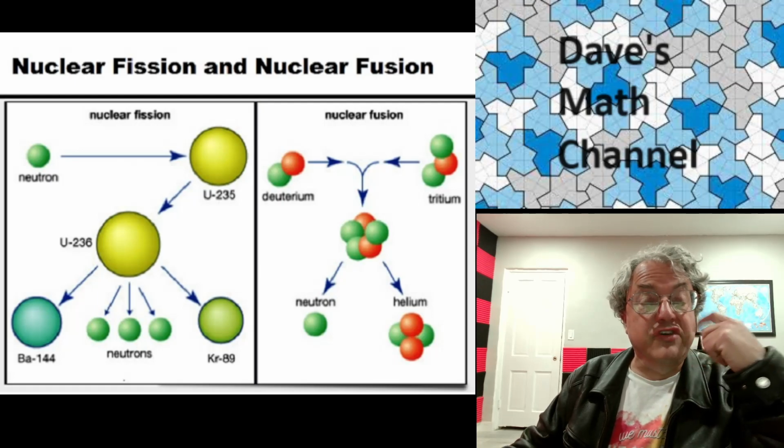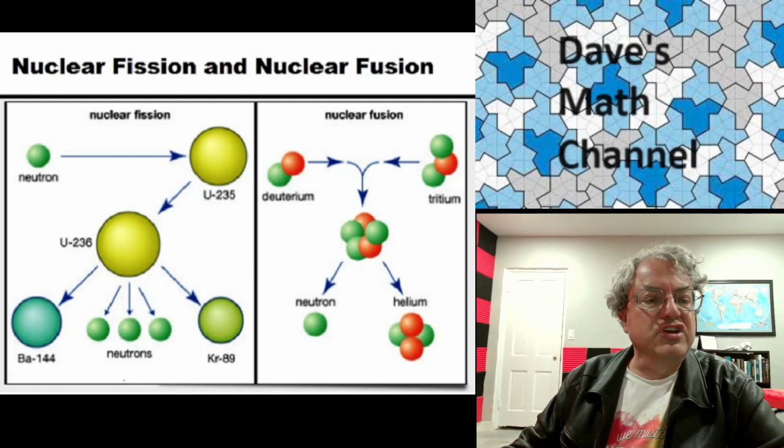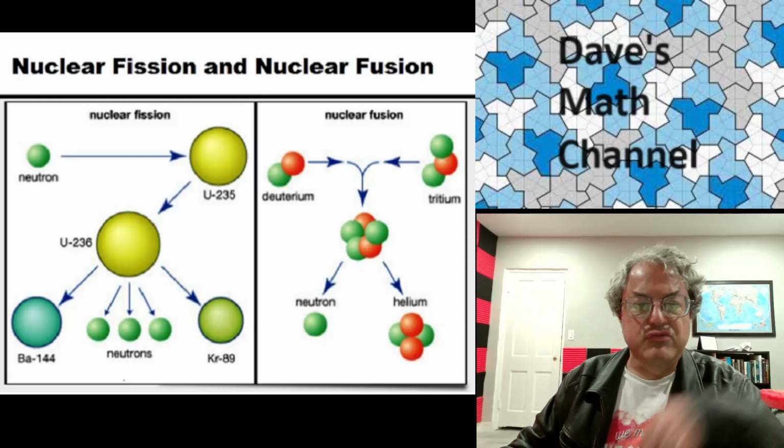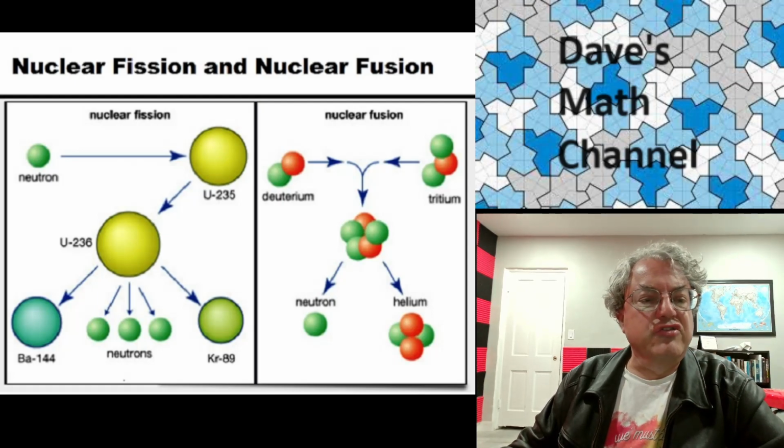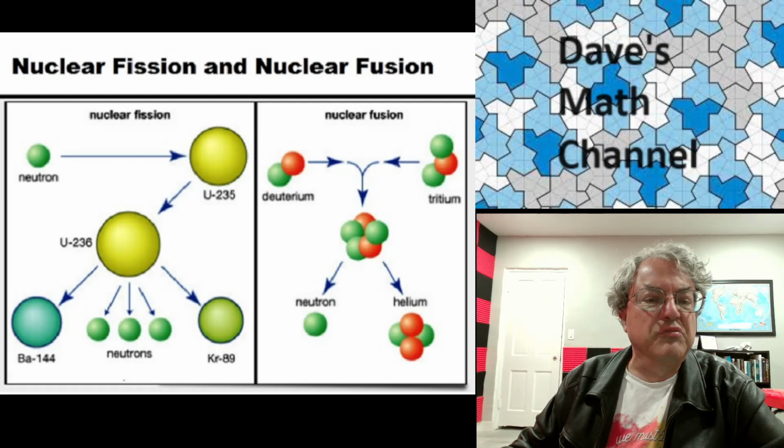And uranium 235 is pretty rare. It's only, I think, 0.7% of all uranium. And there isn't even that much uranium in the world. As a matter of fact, it's estimated that at the rate we're using nuclear power right now, at least with the method we're using, the uranium in the world would only last about another 90 years or so. So we are running out of uranium.